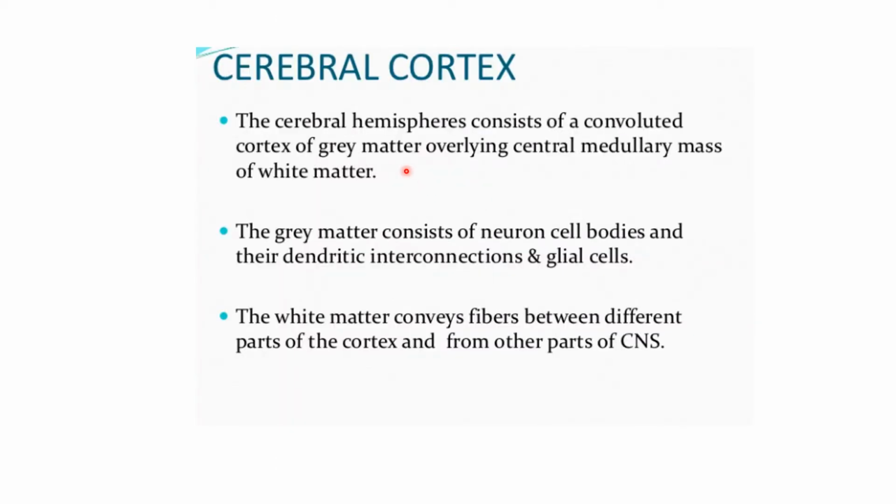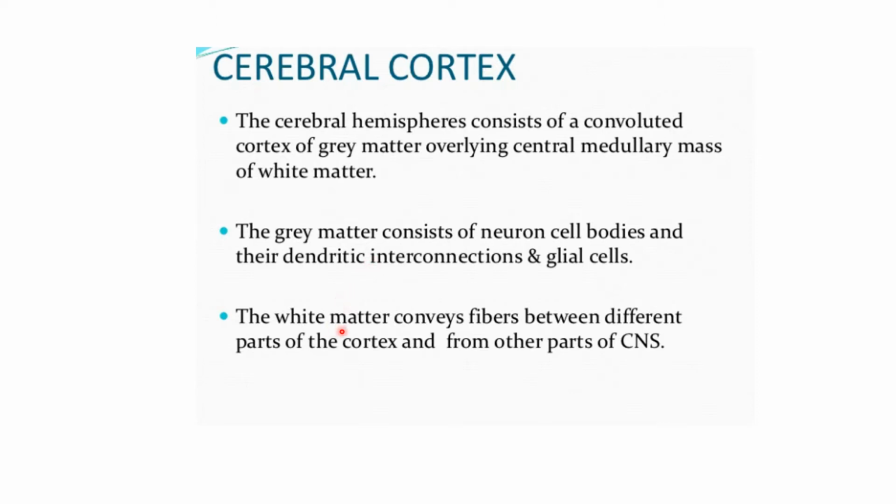Now coming to the histology of the cerebral cortex. The cerebral hemispheres consist of convoluted cortex of the grey matter overlying the central medullary mass or the white matter, which has the myelinated fibers. The grey matter consists of cell bodies of the neurons, their dendrites, and interneurons plus the neuroglial cells.